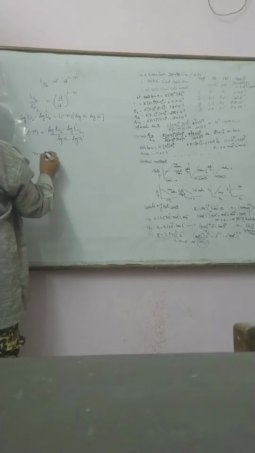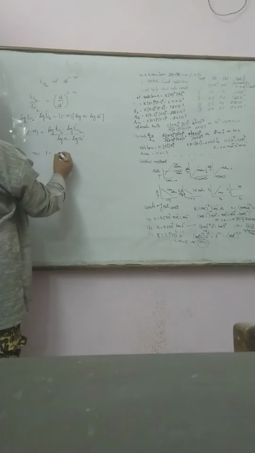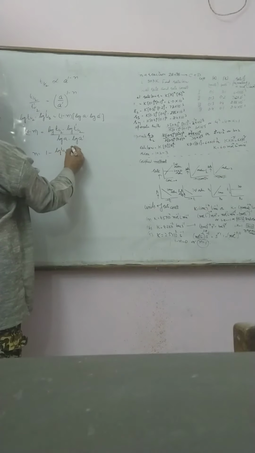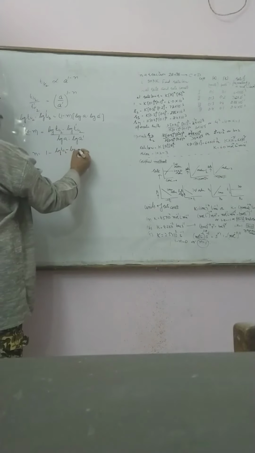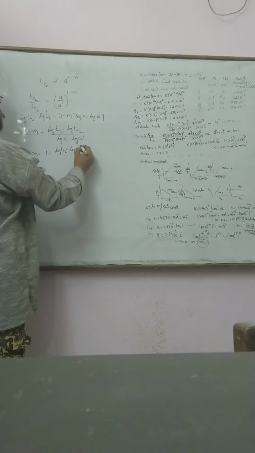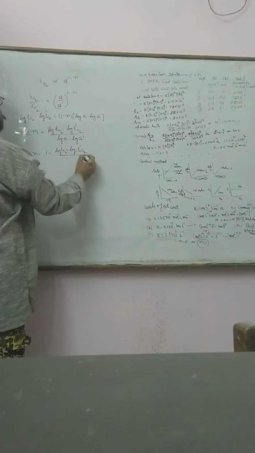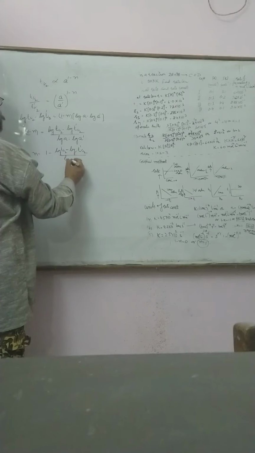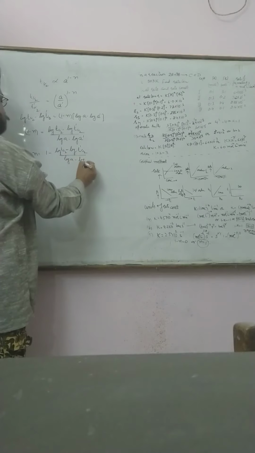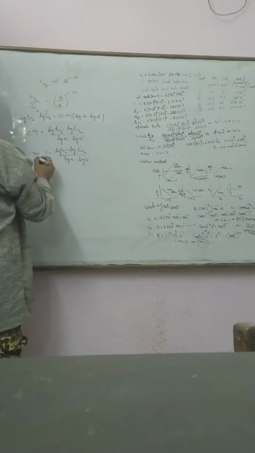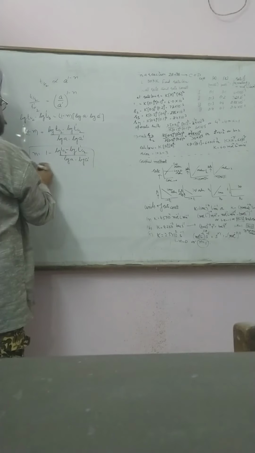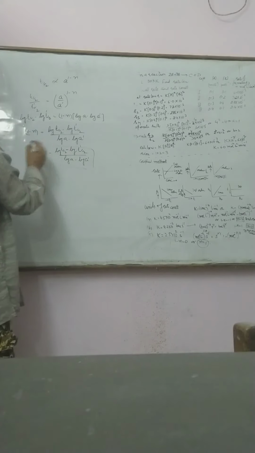Or n is equal to 1 minus log of T half minus log of T dash half over log of A minus log of A dash. From here we can find the order of reaction.